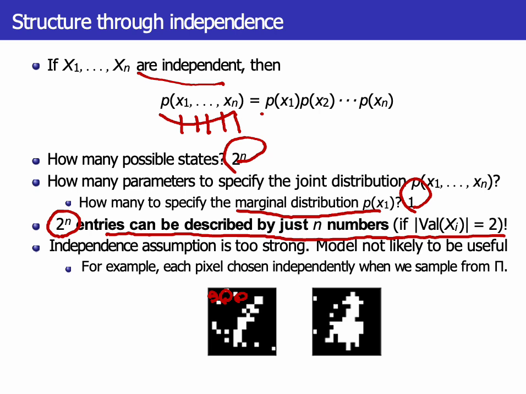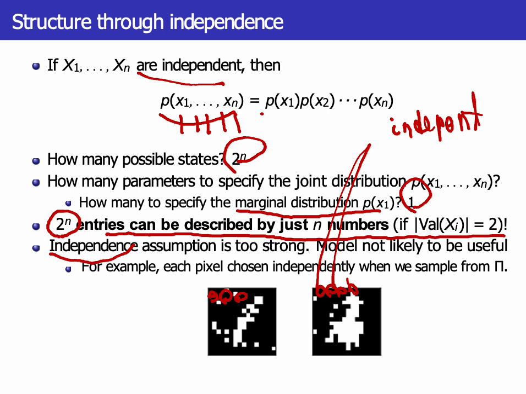So independence: if you assume all pixels are independent, that is a little bit too strong an assumption.